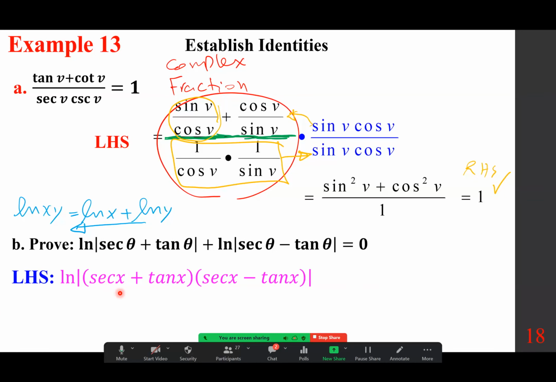So ln of secant x plus tan x, x or theta, I keep sometimes changing them. It really makes no difference. Let's say this is x. It really doesn't matter.